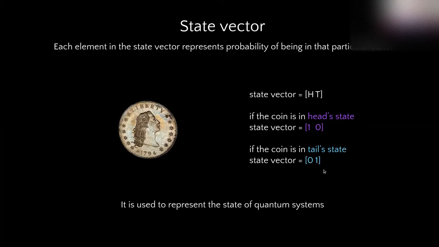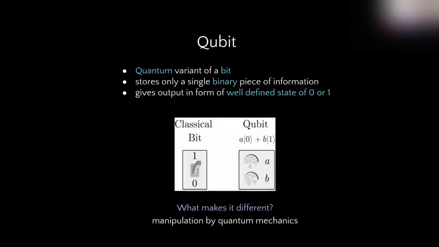So this state vector just consists of a vector, which is a row vector or a column vector that is one-dimensional in size. And the values of the elements in this vector represent the probability of being in a particular state. This is a vector which is used to represent quantum systems, which we'll see shortly.